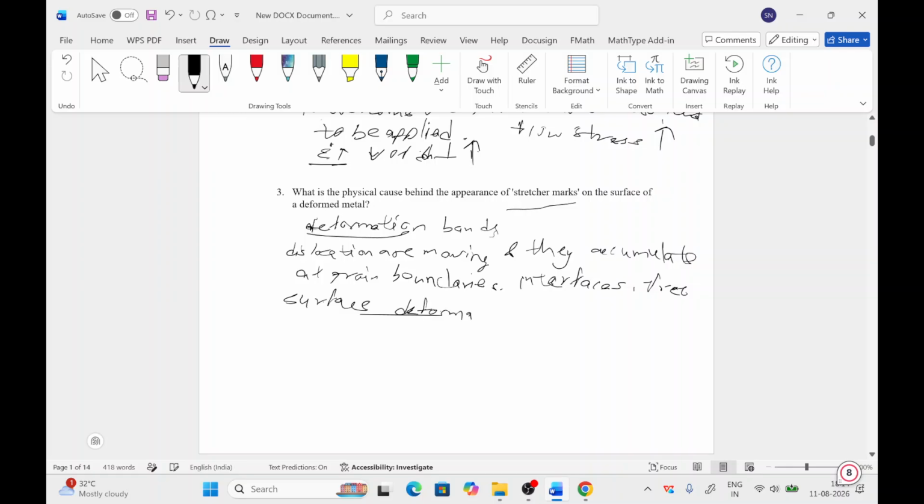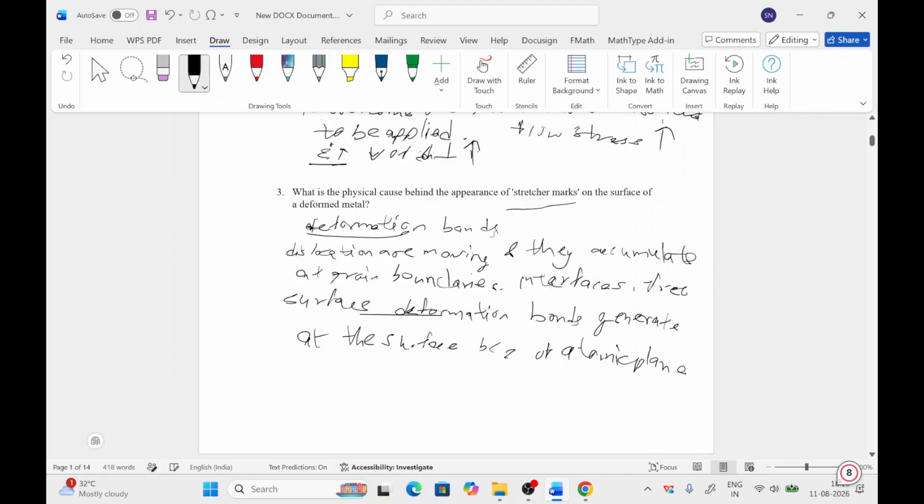Small deformation bands generate at the free surface because of atomic plane motions.